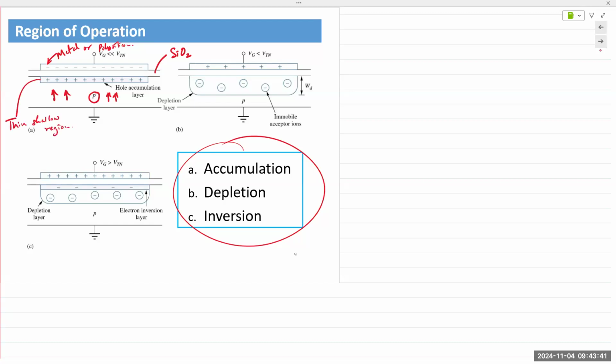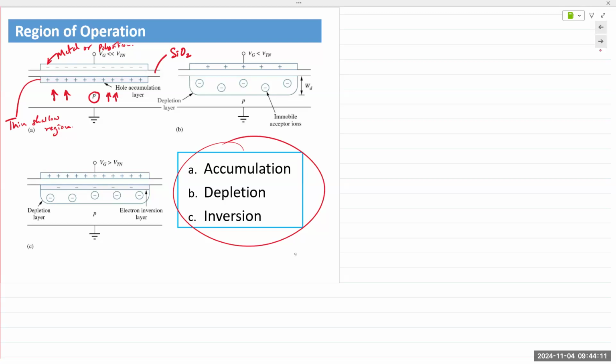So this thin, shallow region is the accumulation of charges. Hence, the region of operation is stated as accumulation. We are accumulating charge carriers. But these are positive charge carriers. So it's a positive channel between the N-type materials. So not as useful.